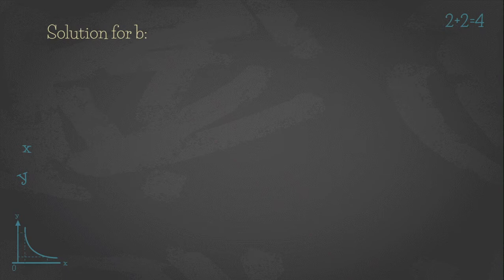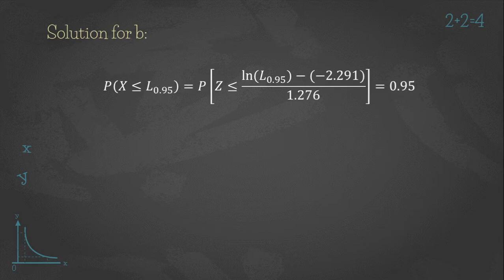Therefore, from the above result relating to normal and log-normal distribution, we get the probability of x less than or equal to L subscript 0.95 is equal to the probability of variable z less than or equal to the quantity ln of L subscript 0.95 minus negative 2.291 divided by 1.276 is equal to 0.95.